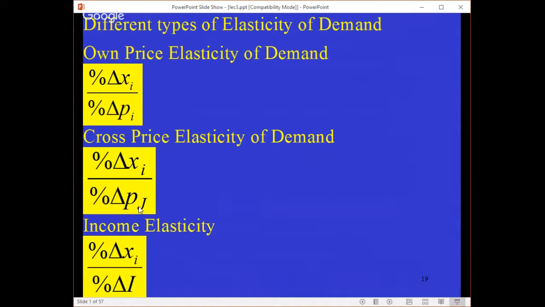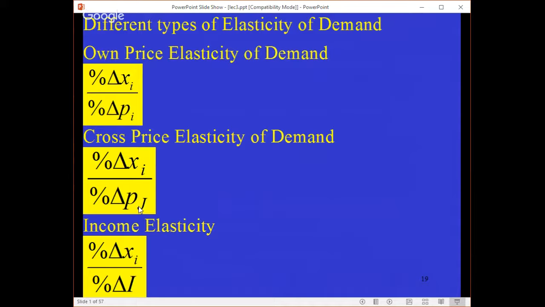And finally, the last one we're going to talk about is income elasticity. It's basically as people's income increases, what happens to the demand for XI. And again, like cross price elasticity, the sign is going to depend on whether it's a normal, inferior or luxury good. A luxury good means income elasticity is positive and greater than 1. If it's between 0 and 1, we call that a normal good.